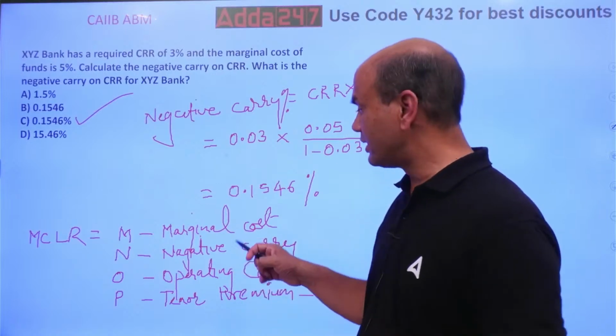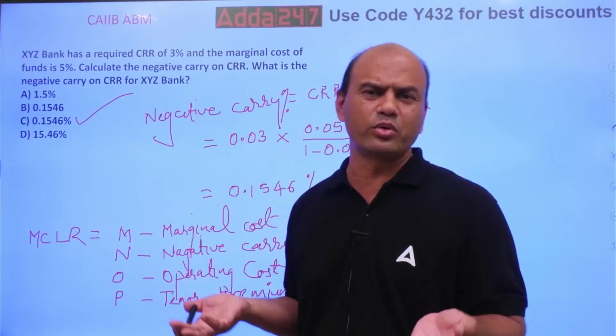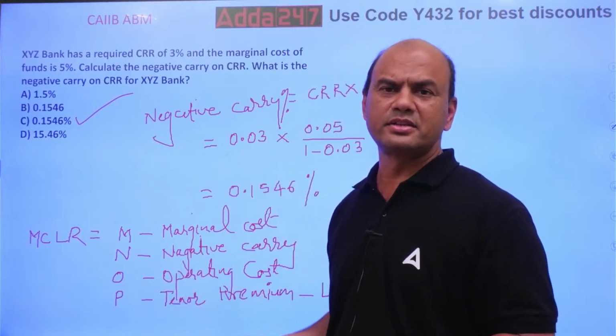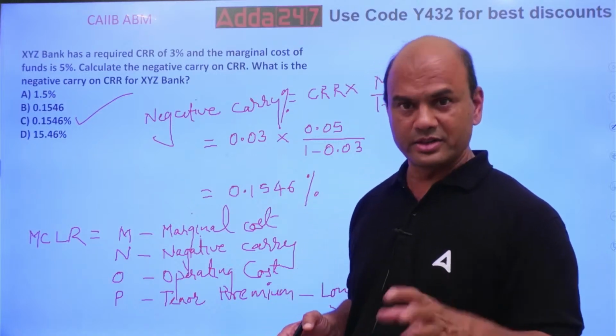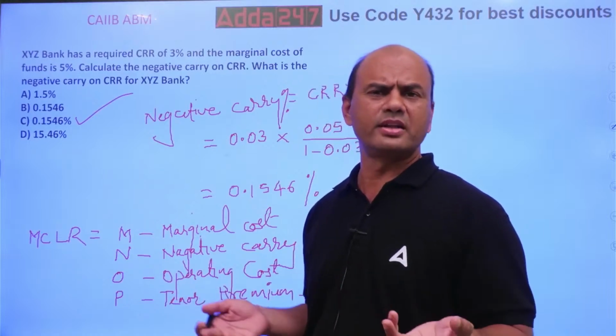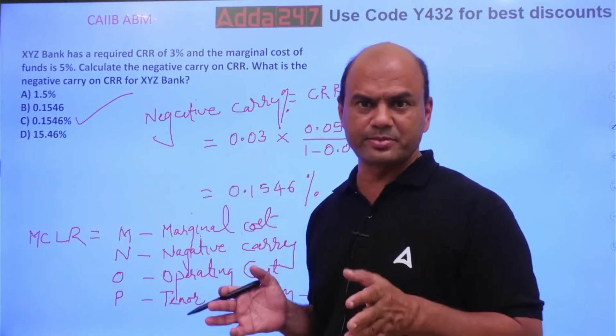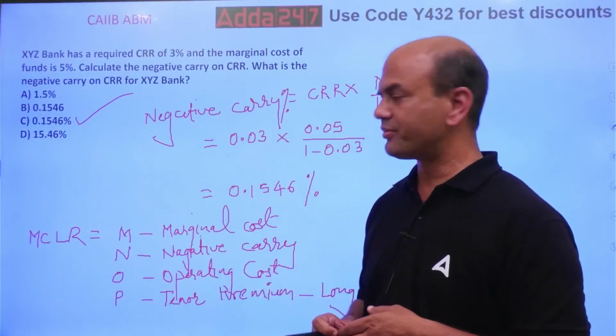Then negative carry. Negative carry is always on CRR, because on CRR I don't get any interest. So that's called negative carry. Just wasting my money, to be frank. It's not wasting, after all it's kept in RBI. But you don't get any interest. So from the business perspective, I'll say zero interest. So that is negative carry.